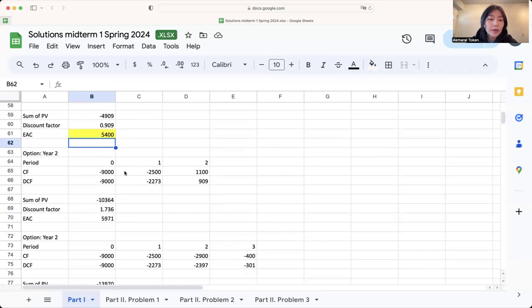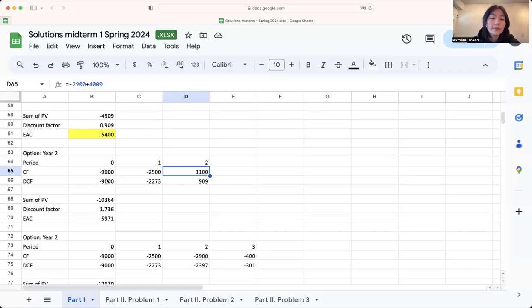So you take the initial value of minus $9,000, and for the first year we have some operating expenses related to this asset of $2,500, and for the second year you have minus 2.9 cost, and we have disposal value of plus $4,000. So the sum of these two numbers gives us $1,100.